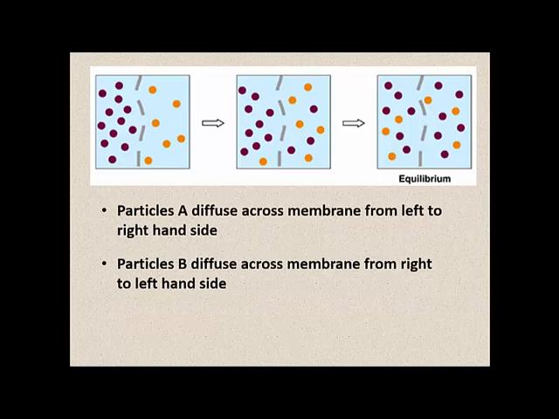Particles B are represented by the orange-colored particles that you see on the right-hand side. Particles A diffuse across the membrane from the left-hand side to the right-hand side, while particles B diffuse across the membrane from the right-hand side to the left-hand side of the container.